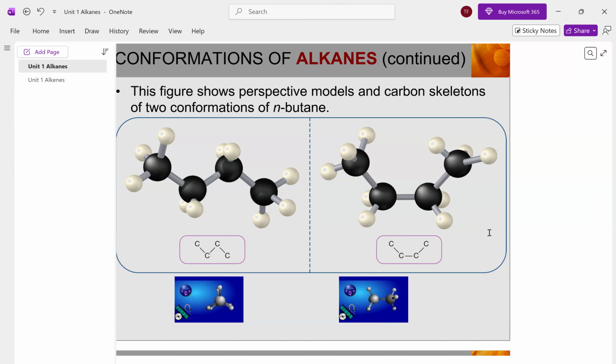Double bonds cannot, they're rigid. So that means if we have four carbon molecules, we can have a bunch of different variations on that. Some are better than others. When I say better, I mean more stable.